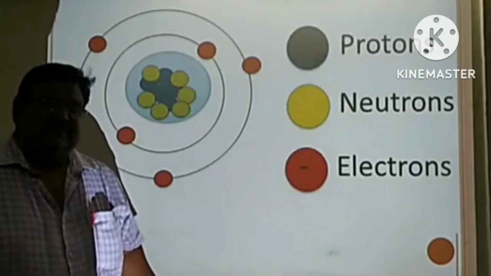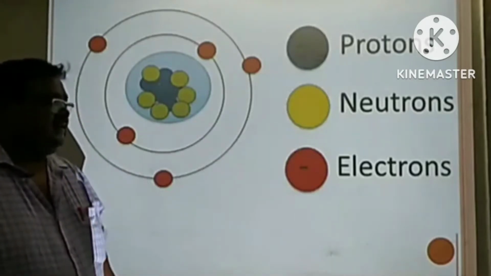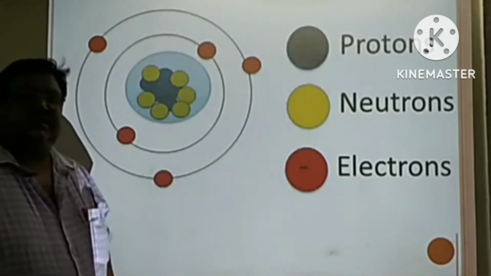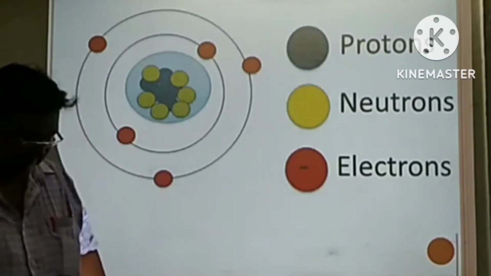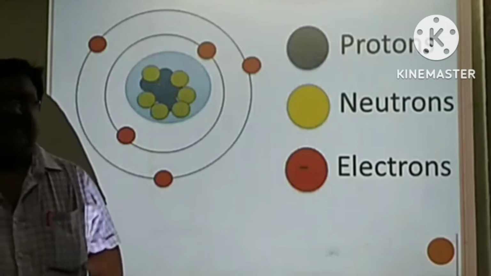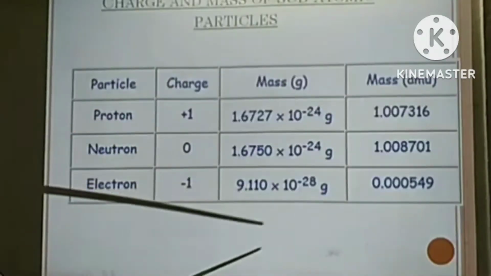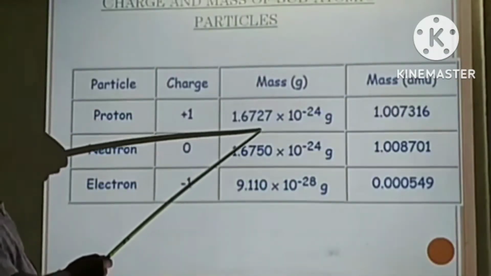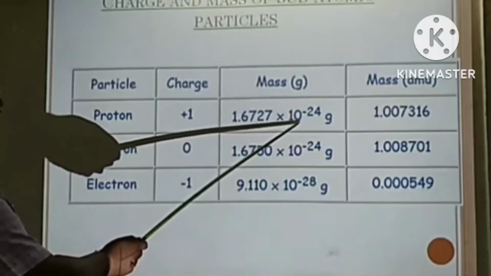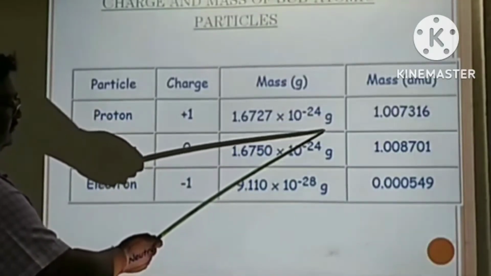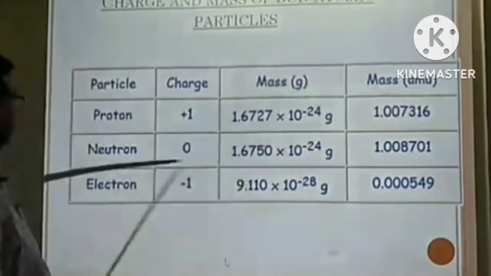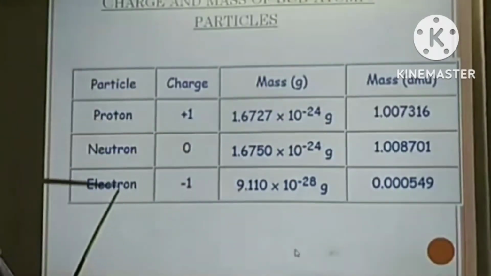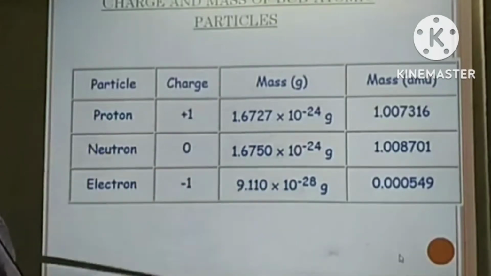As per your syllabus, the next portion is to know the charges and masses of these three fundamental particles. So you just have to remember, proton, its mass is 1.6727 into 10 to the minus 24 gram, and in AMU 1.007316. Likewise, neutron and electron, they have these masses.